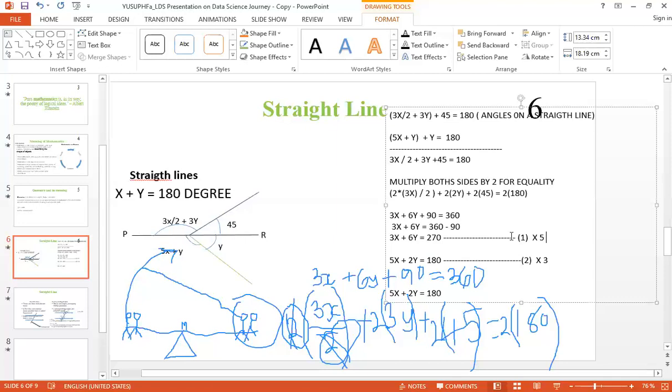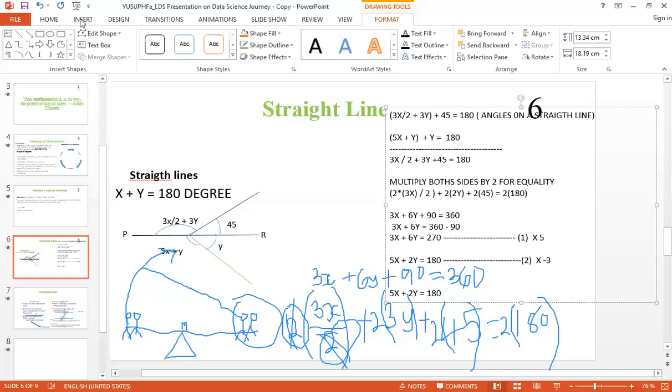But because we want to eliminate x, in order for us to get what y is, we have to think of introducing minus to either this one or this one. It depends on your choice. Either one is fine. We will still get the same final answer.